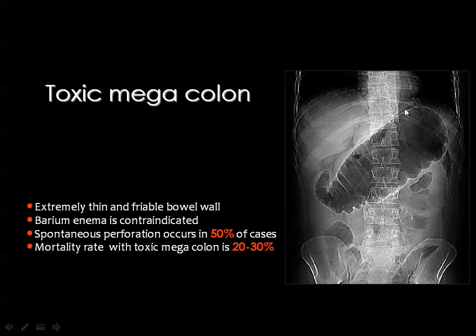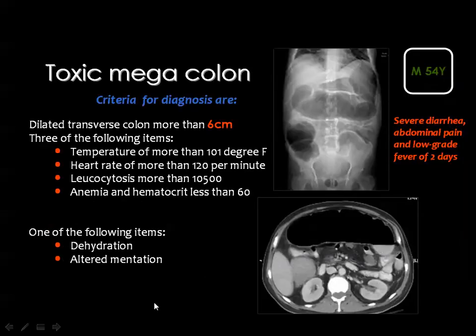You see severe distension of the transverse colon in this plain film. Spontaneous perforation of toxic megacolon may occur in 50% of cases, and the mortality rate is high, may reach about 20 to 30% of patients.